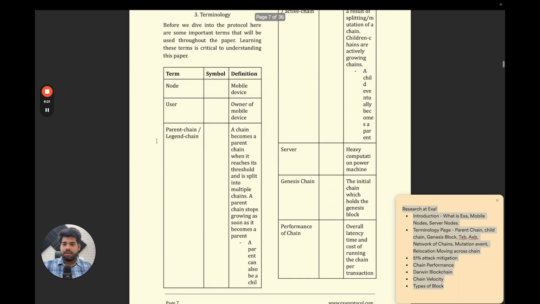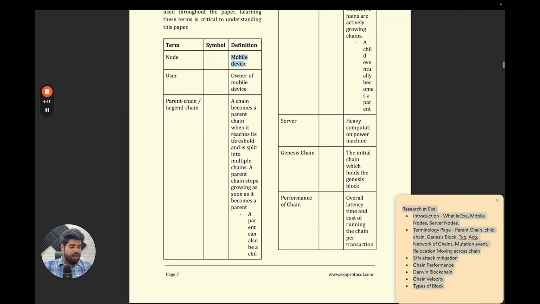First is the term node. When we say node in our paper, we are specifically talking about mobile devices. Since Darwin has multiple parallel chains, and every child chain has a parent chain, and so forth, we have defined that as well. A parent chain is one that has children in the future.